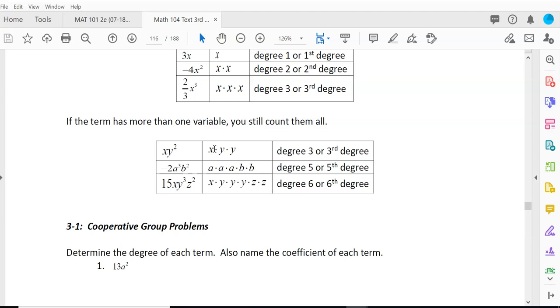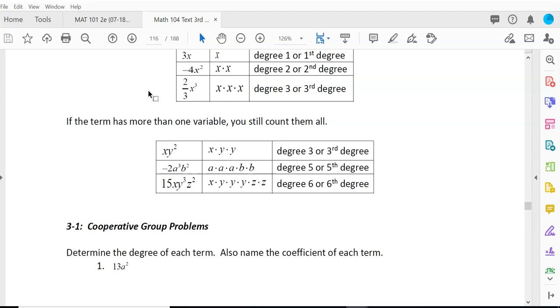So because we have x 1 time and y 2 times, that is a total of 3 variables being multiplied. Again, we double count the y's, just like we did up here when we double and triple counted those x's. So negative 2a to the third b squared, that would be a degree 5 because a happens 3 times, b happens 2 times, and if you multiply all those together, you get a degree 5.